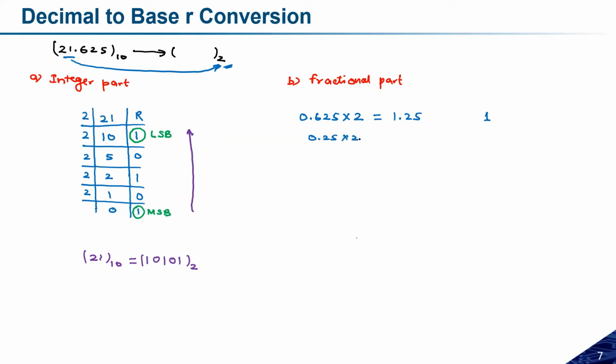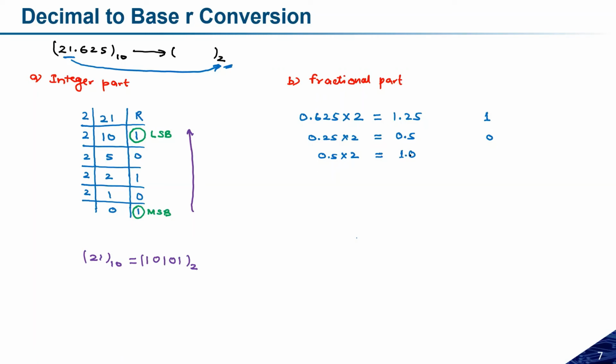Then again I multiply by 2, and it becomes 0.5. Because there is no integer part, the generated integer is 0. Again, 0.5 into 2 becomes 1.0.